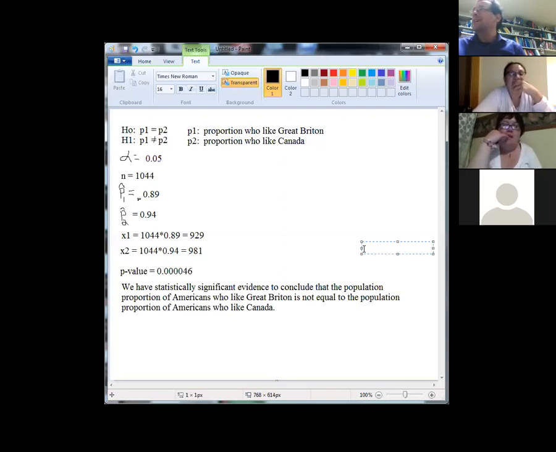P stands for proportion, and X doesn't really stand for anything, unless it was a question about xylophones or something. So it definitely needs to be P. And if it's a question with a quantitative study, it can't be P. Then what must it be? Mu. You see? So it's either going to be a P or a mu. And in this chapter now we have these subscripts, P1 and P2, because we have two samples instead of just one. Any questions on that?